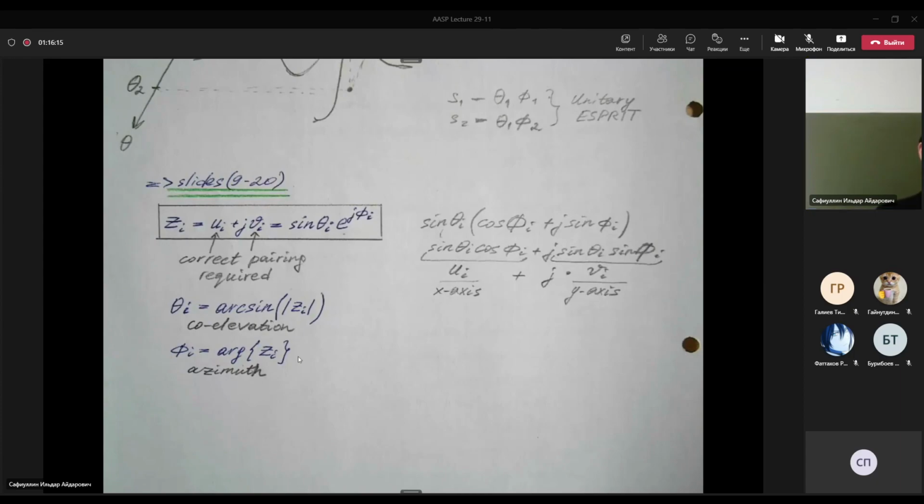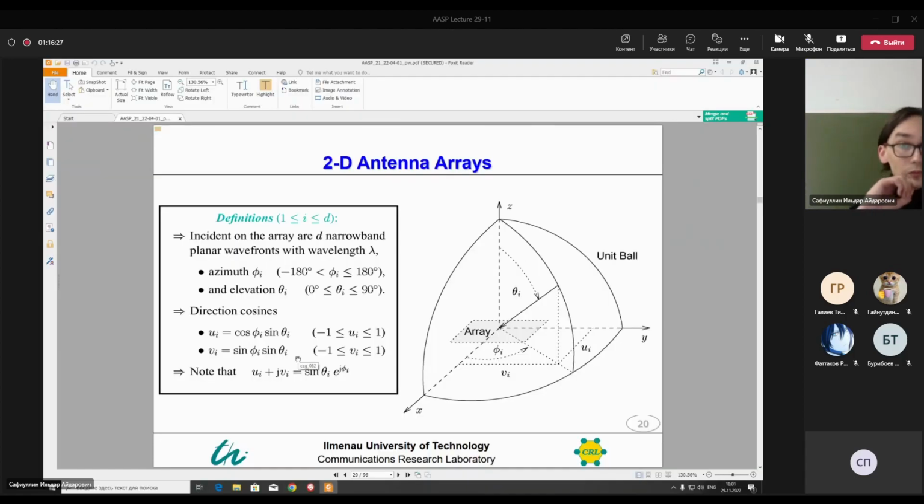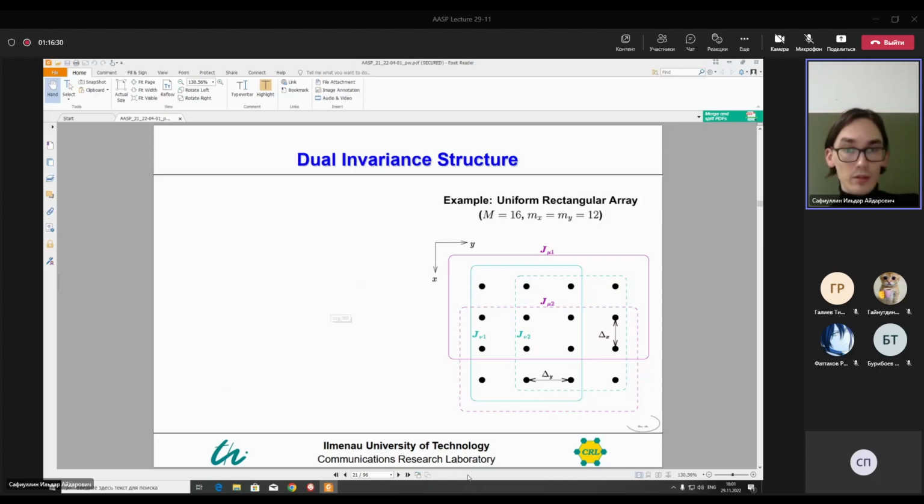And now we go next to slides 21 up to 25. And we have this interesting antenna array. So you can see that for the x-axis and y-axis, we have 4 elements. So overall, we'll have 4 times 4, 16 elements.